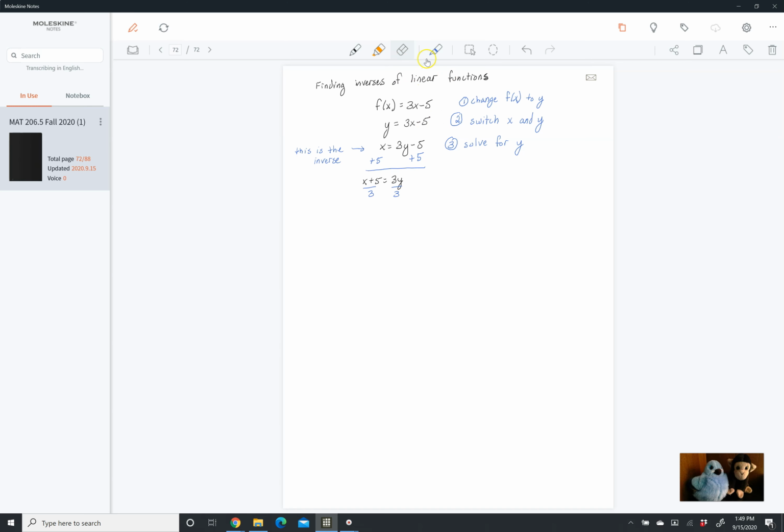And we get that y is equal to x plus 5 over 3. And then your very last thing is replace the y with f inverse of x. And the reason for doing that is to indicate that it's the inverse of your original function. It kind of says, okay, we're done. Okay, so replace y with f inverse of x. It's telling you how the two functions are related.